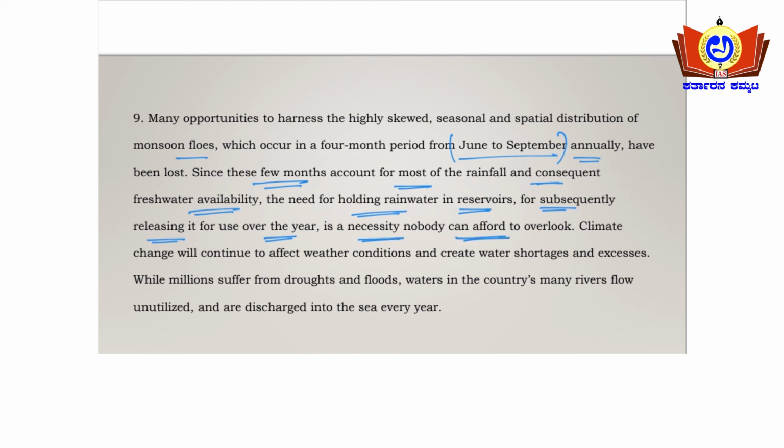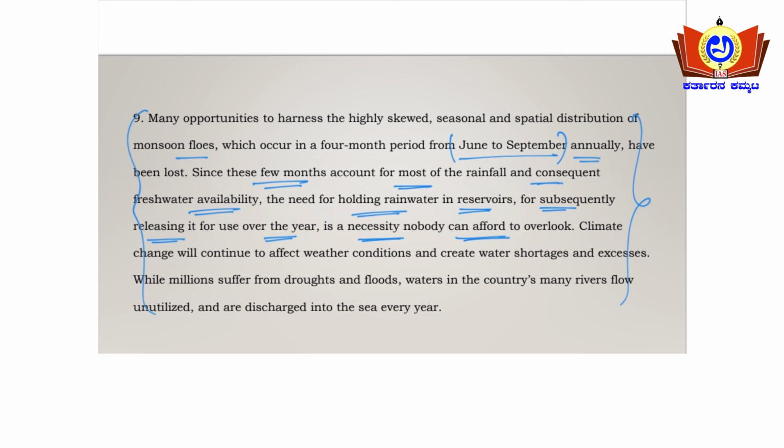Climate change will continue to affect weather conditions and create water shortages and excesses. While millions suffer from droughts and floods, in many of the country's rivers water flows unutilized and is discharged into the sea every year. Okay, so we are getting some fair idea from the passage.